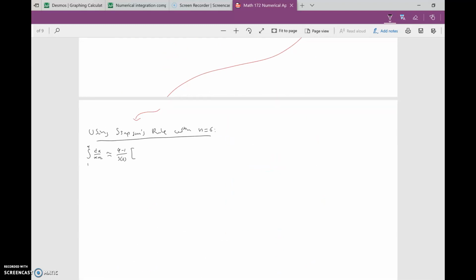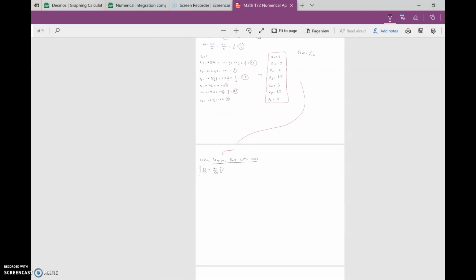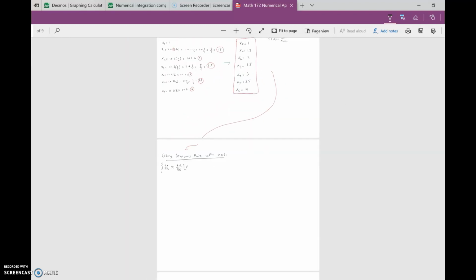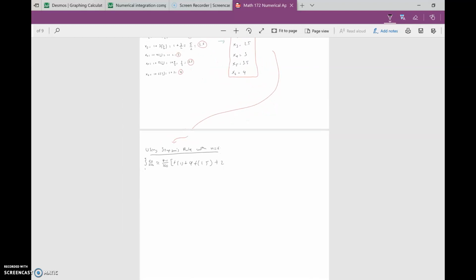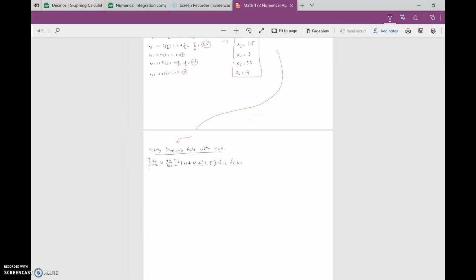So this is just going to be f of 1, plus 4 f of 1.5, plus 2 f of 2.5, plus 4 f of 3, plus 2 f of 3.5, and plus f of 4.